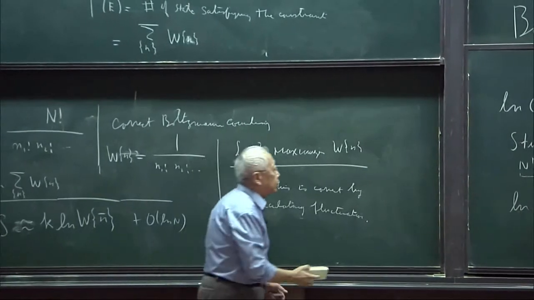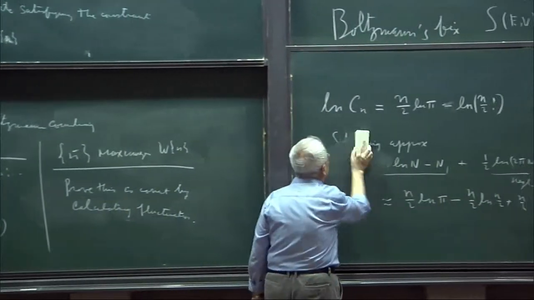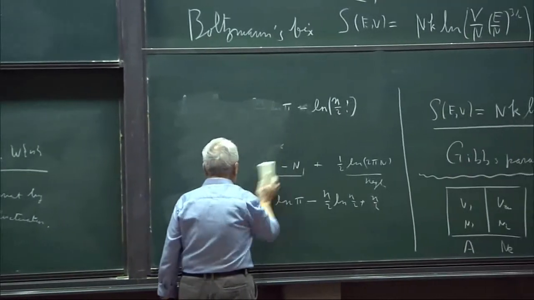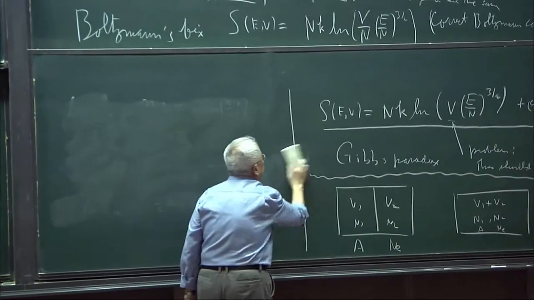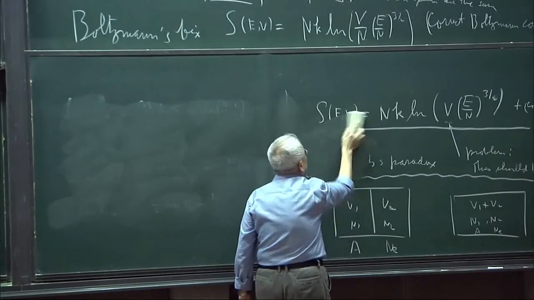So now we'll maximize W by varying the set of occupation numbers n subject to the constraints.